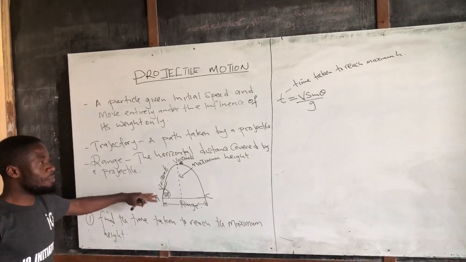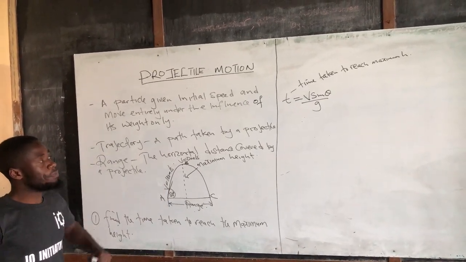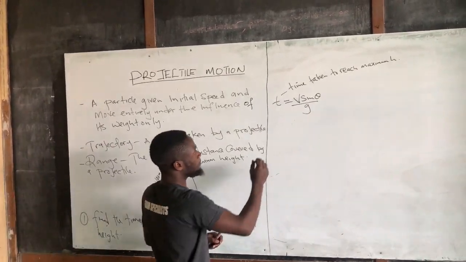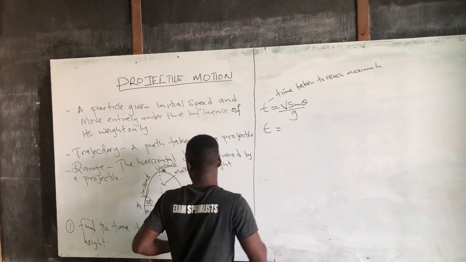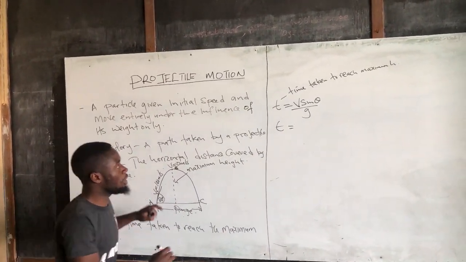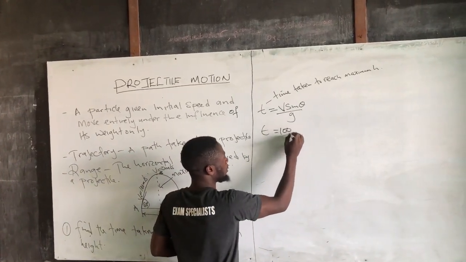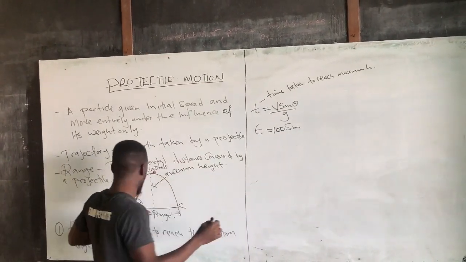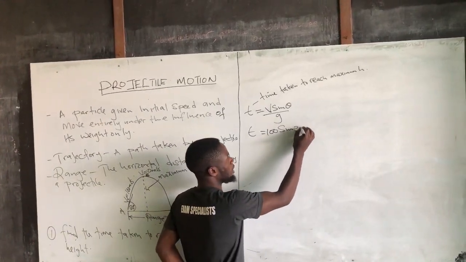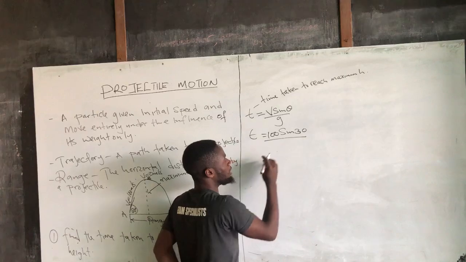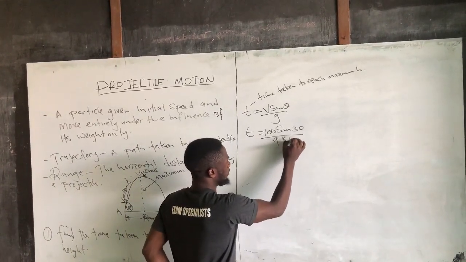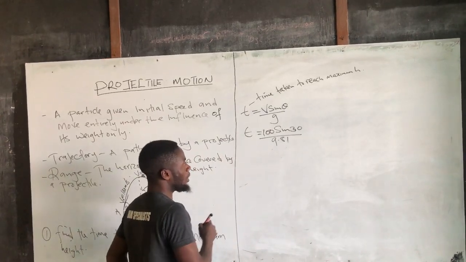From the given information here, let's find the time taken to reach the maximum height. T equals V, which is the initial velocity, the speed, 100 meters per second, sine of the angle, which is 30 degrees, over g, which is gravity, 9.81.